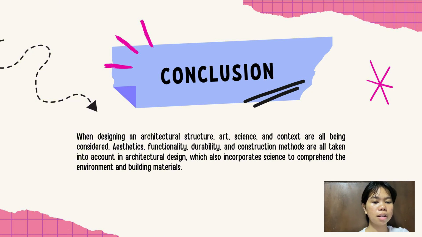It is important to know the construction methods, such as what we're going to use, the techniques we're going to apply, and this would help the building, not just for its functionality, but also its durability and its aesthetics, which also incorporates science, to comprehend the environment and building materials.